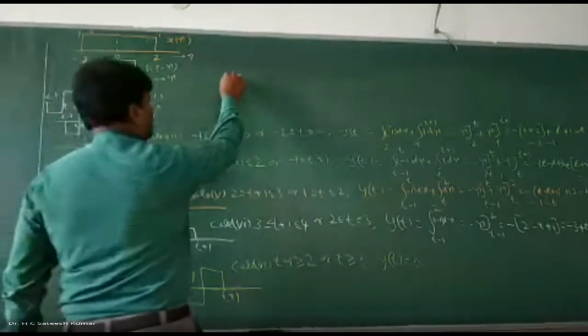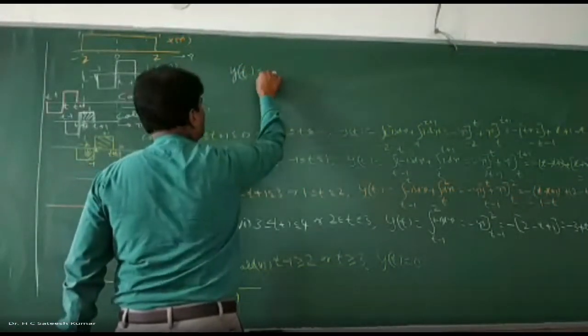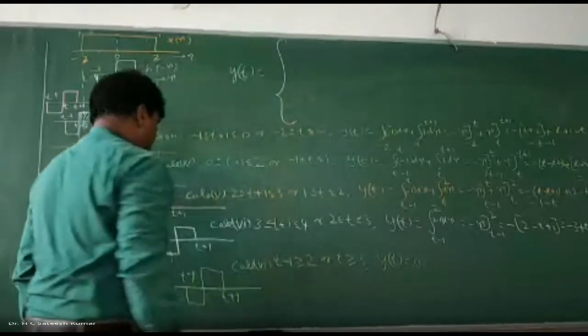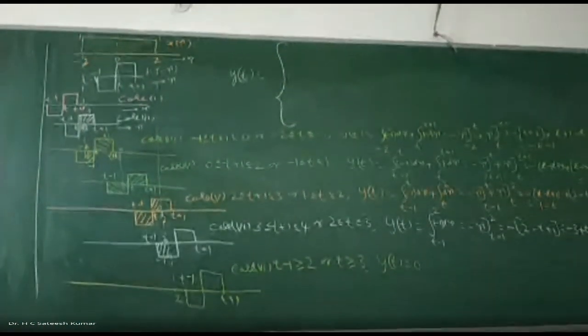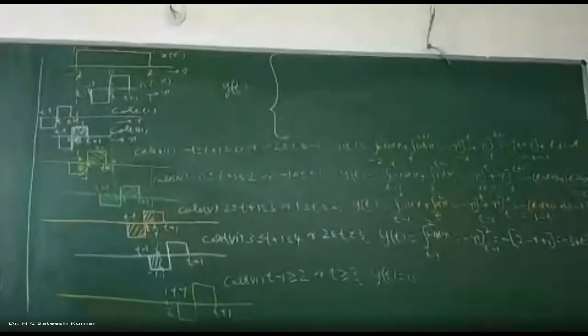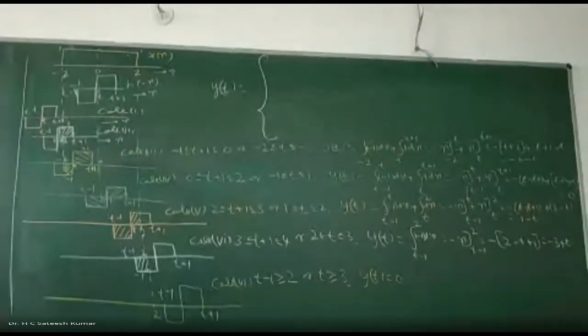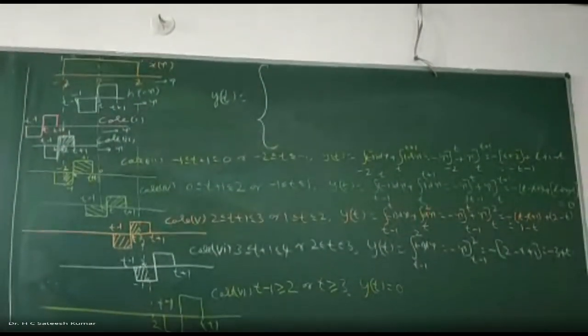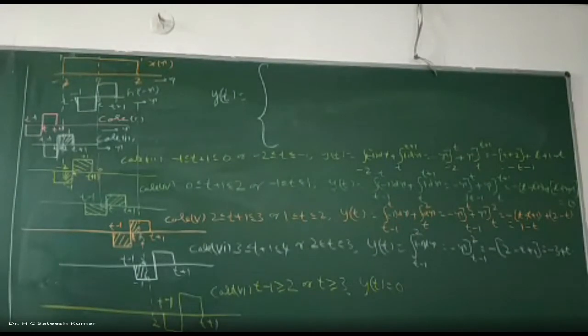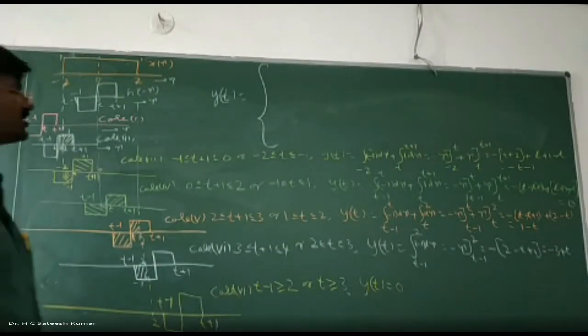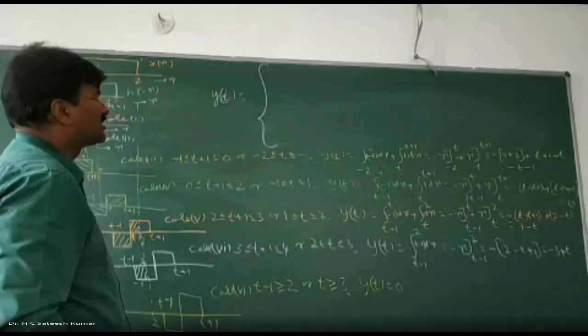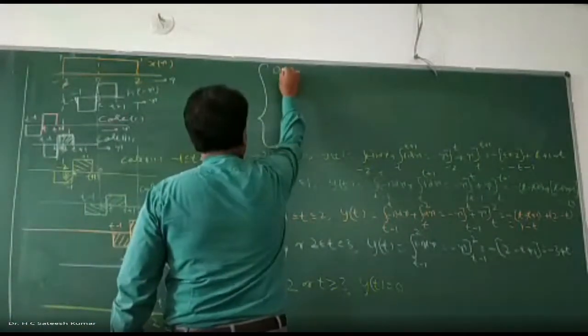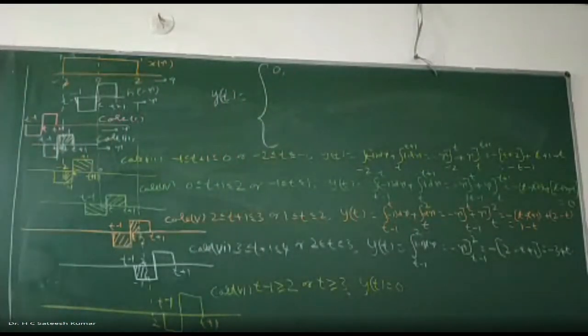Y of t is equal to... 8 cases, we should write it, right? So now what do we have? Y of t is equal to: first case is 0, as long as t is less than or equal to -1.